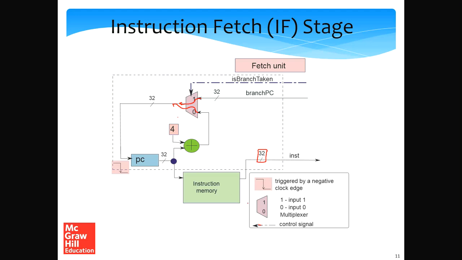The multiplexer will have a 0 input and a 1 input, basically to say that if is branch taken is 1, we use the branch PC. Otherwise, we use PC plus 4 as the input, which will show up at the output. So pretty much that's all. It's a fairly simple circuit with one register, one adder, and one multiplexer. That's as simple as it gets.